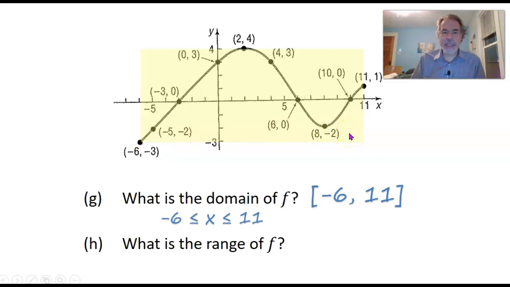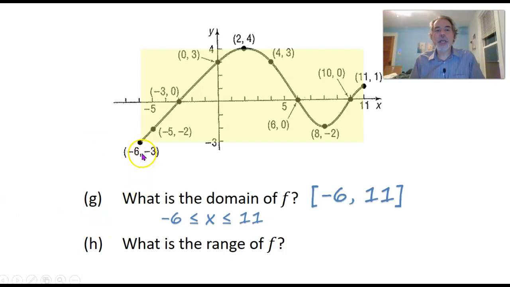And what about the range? The range is the y-coordinates, what y can be, what can come out of the function. So looking at the points that make up this graph, they have y-coordinates that go from what up to what?